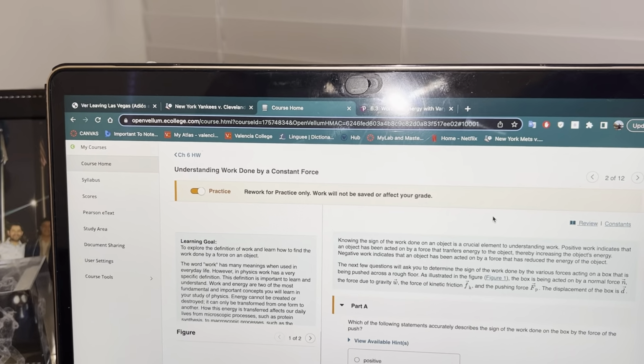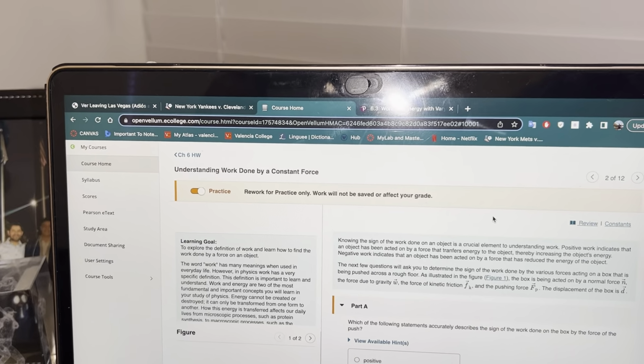So the work made by weight is gonna be equal to W d cosine of theta, where theta is gonna be equal to 270, which is gonna be 0 again.